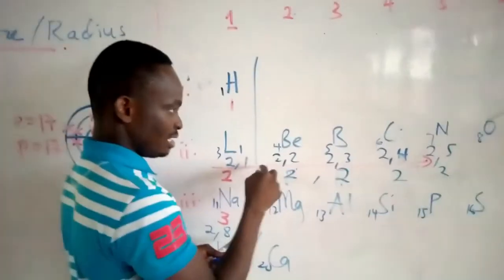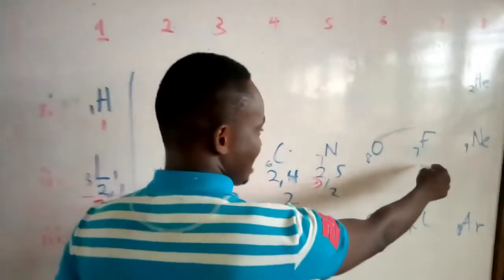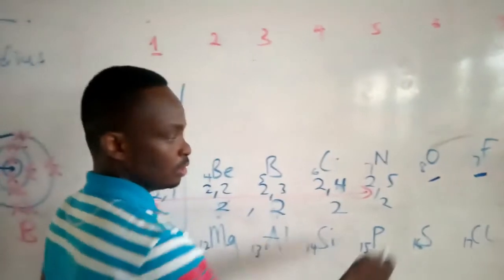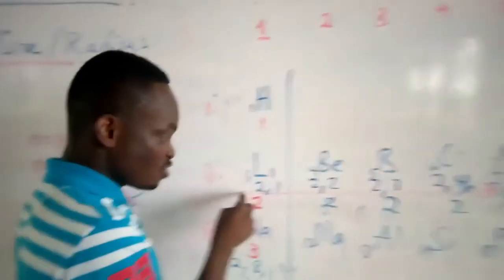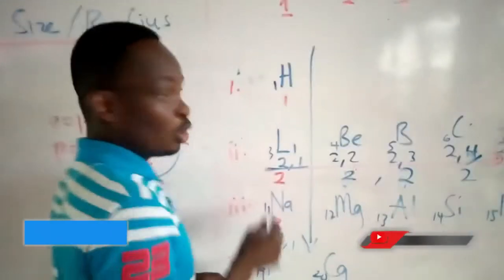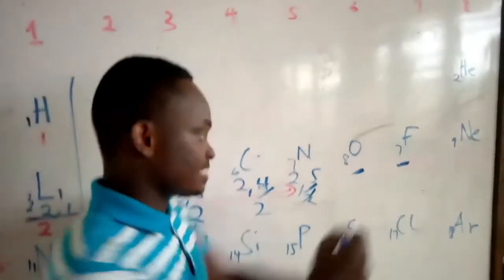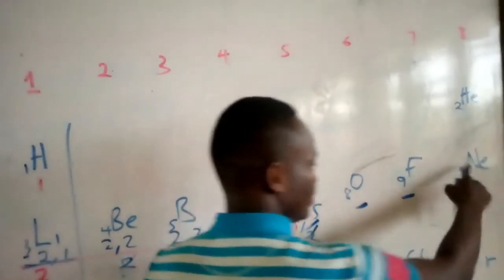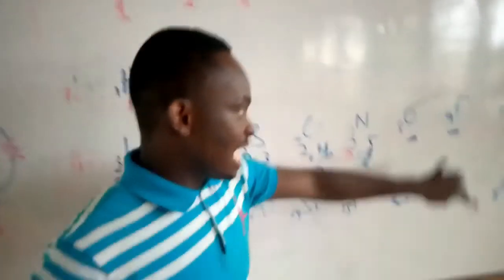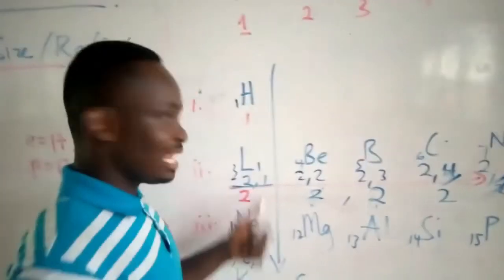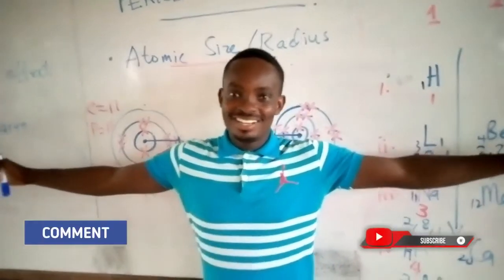So across period 2, F is smaller than O, O is smaller than N, N is smaller than C. So the largest will be Li. Though Li has 3 protons, F has 9, Ne has 10. F will be smaller than Li. This is for atomic size. Let's do an example.